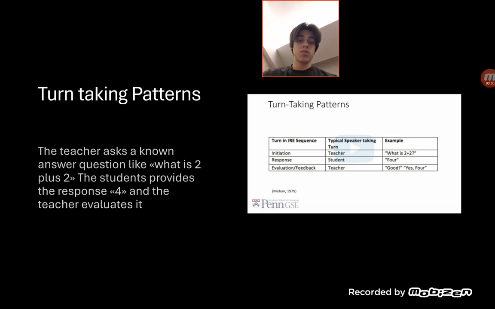The response part: here the student responds to the question posed to them. 4, they say. And the evaluation feedback process: this is where the teacher maybe congratulates the student, saying good, yes, it's correct.